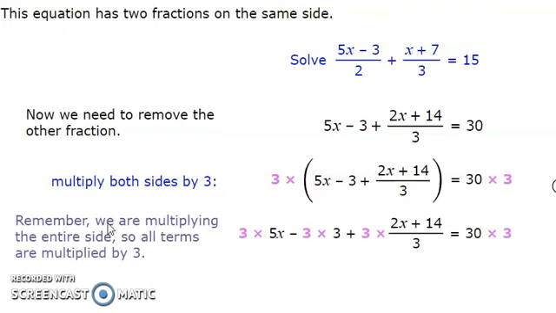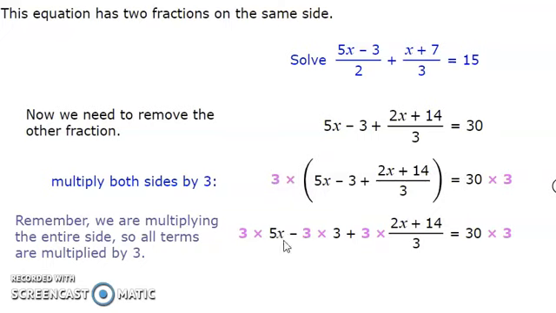And remember we are multiplying the entire side, so all the terms are multiplied by 3. This is a thumb rule: when there is a number outside the bracket, each and every number is multiplied by all the terms inside the bracket.